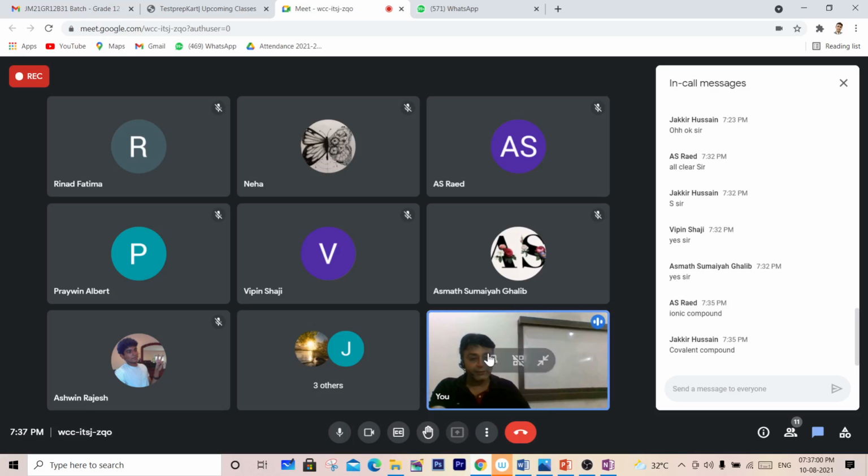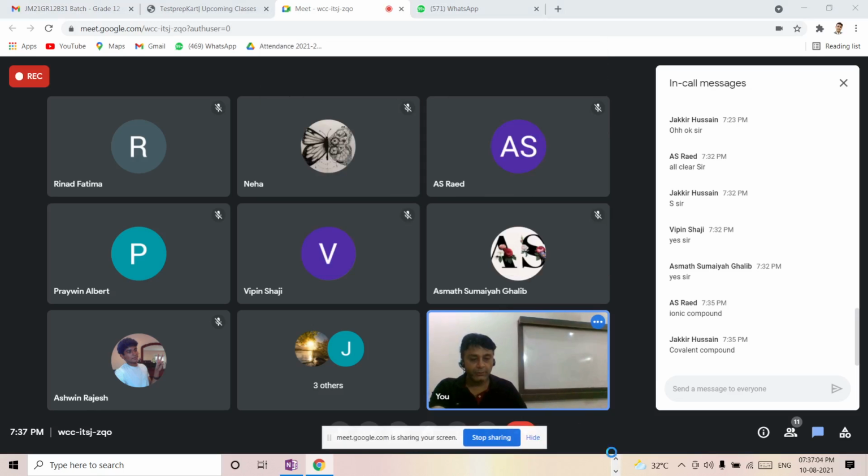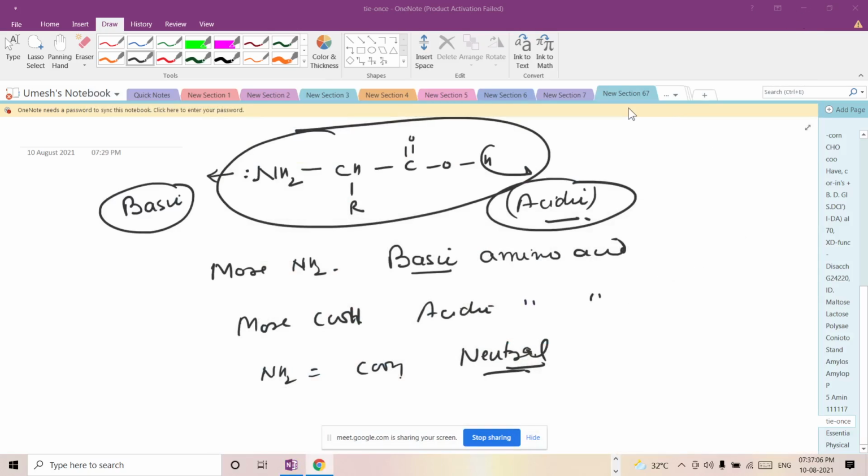I'm sharing my screen. You tell me. Keep looking at the structure and tell me where is the positive and negative in this structure. I have not drawn any positive or negative charge here, and I have drawn the sharing of electrons.